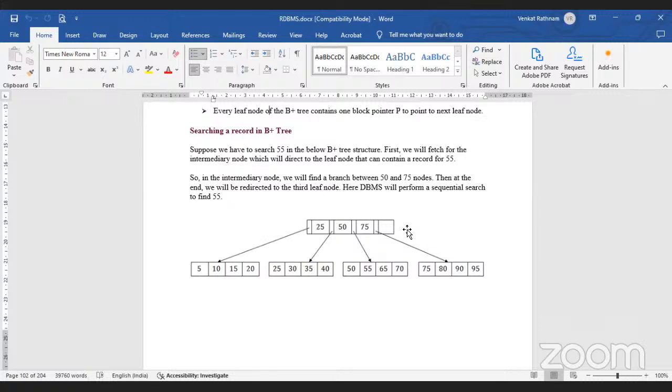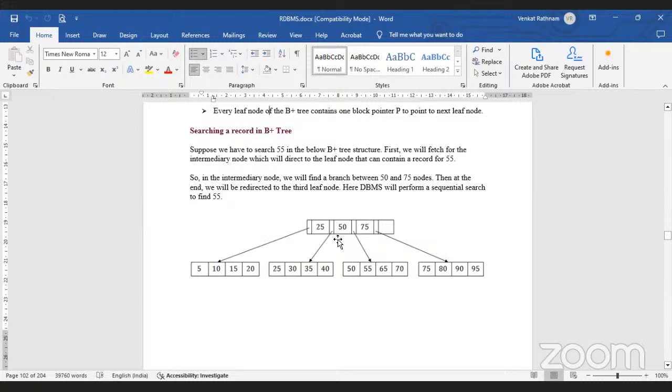They decided 25, 50, 75, three, each one having four. See, 25 is a root node, 50 is a root node and 75 is a root node. These are the root nodes. Then you have to store the remaining values in the B plus tree. How it will store in the B plus tree, we will discuss.